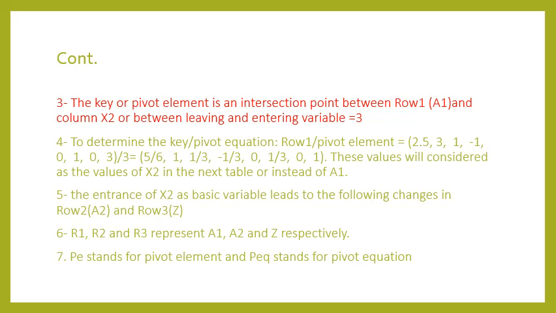To determine the key or pivot equation, which is the main equation and plays a significant role in the process of finding the optimal solution, we need to divide row 1 over the pivot element. The coefficients of A1 or row 1 are 2.5, 3, 1, negative 1, 0, 1, 0, 3.